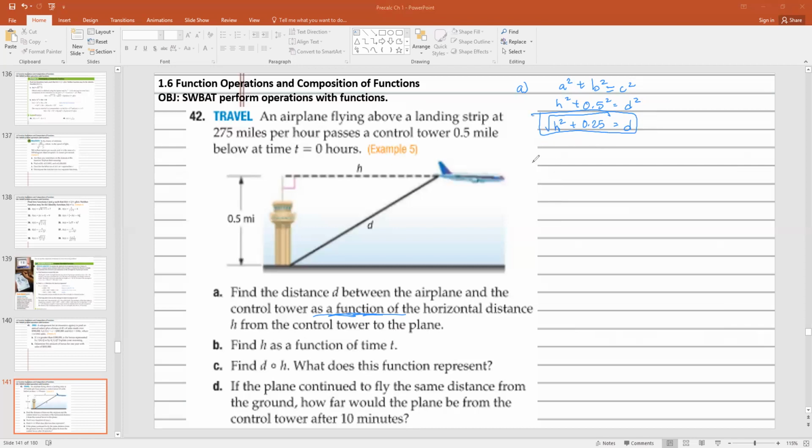So that's A. And then B, it says find h as a function of time. So that means we want h of t.